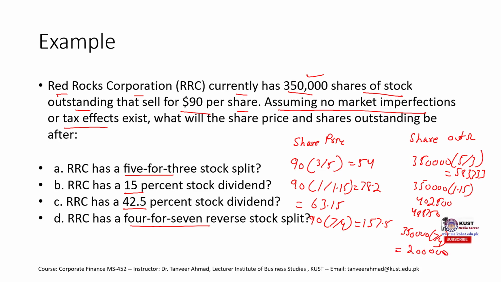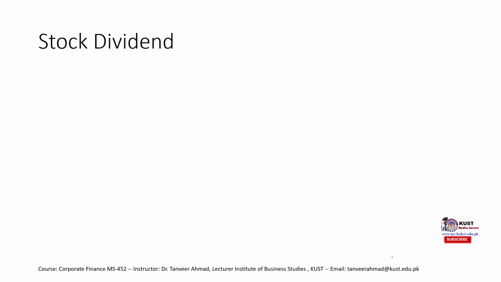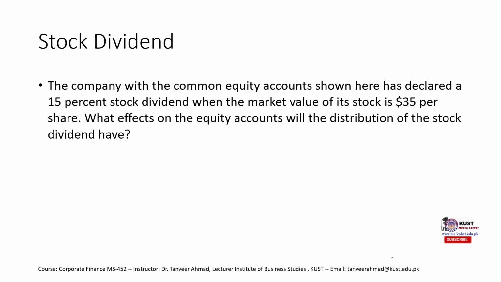Okay, so moving forward to the next example, that is again related to stock dividend, and this example is necessary because the next question is somewhat dependent on this example. So the company with common equity account shown here has declared a 15% stock dividend and the market value is 35.